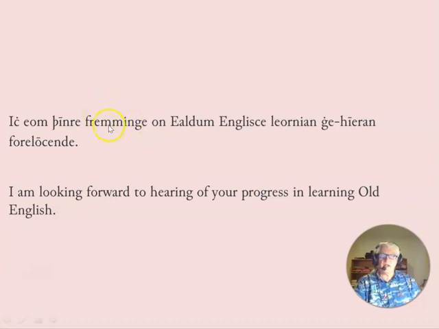Okay, it's a feminine noun, and hence we need the word thinare, the feminine form, feminine accusative, genitive, my apologies, feminine genitive of your, thin, your, and the feminine genitive of that is thinare. Verremminge, feminine noun, meaning progress, in Old English to learn, to hear farelokende.